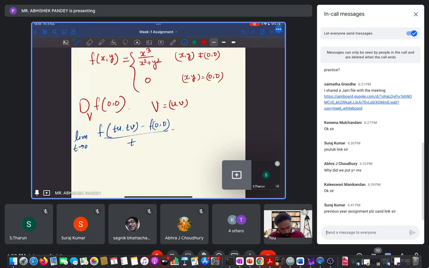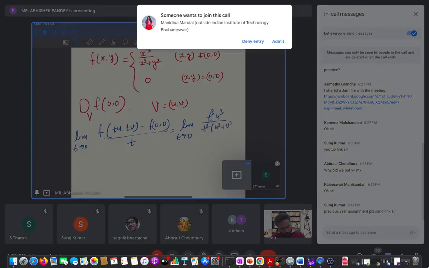So this will be limit t tends to 0, t cube u cube upon t square u square plus v square, into t.